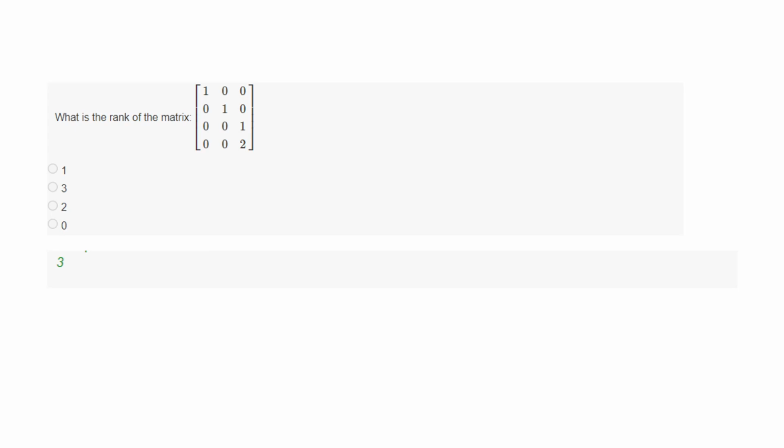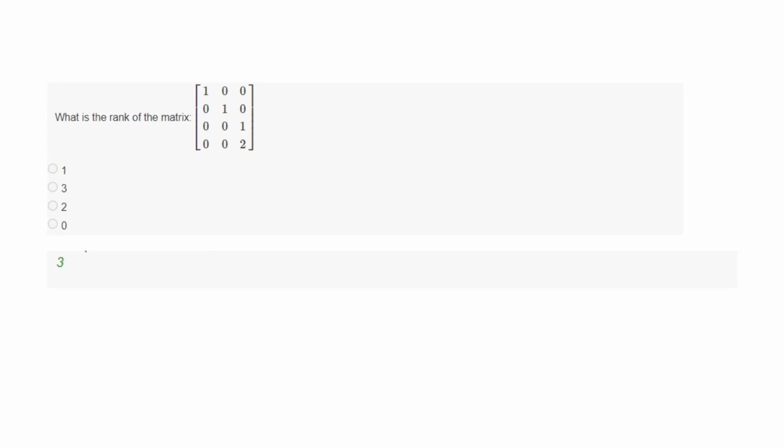So the first vector will be 1 0 0 0, the next vector will be 0 1 0 0. So basically the first vector will be i cap, the next vector will be j cap, and the third vector will be k cap plus 2 of whatever letter you imagine for the fourth dimension. So let us say n. So the third vector will be k cap plus 2 n cap.